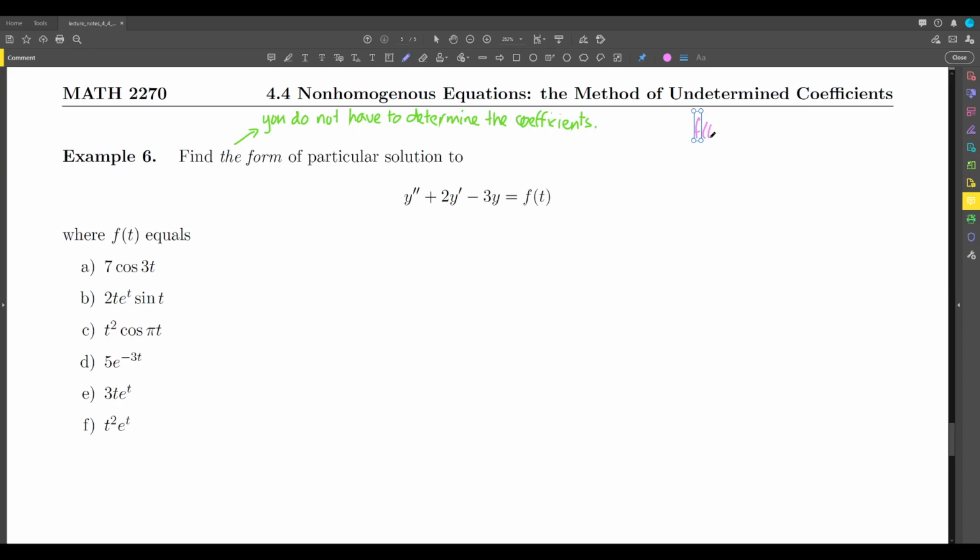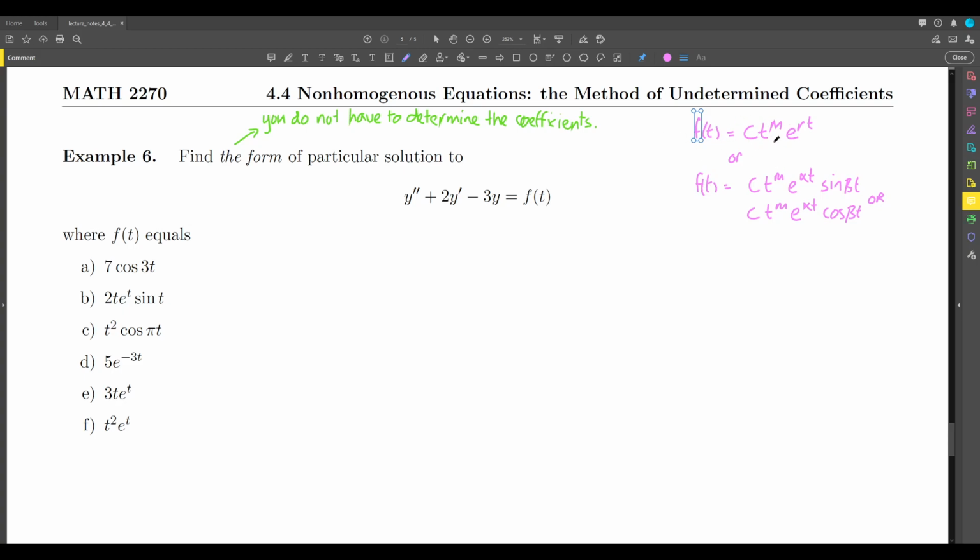So we're looking at either f of t is of the form c times t to the power m e to the power rt, or f of t is something that looks like c times t to the power m e to the power alpha t sine beta t, or c times t to the power m e to the power alpha t cosine beta t.